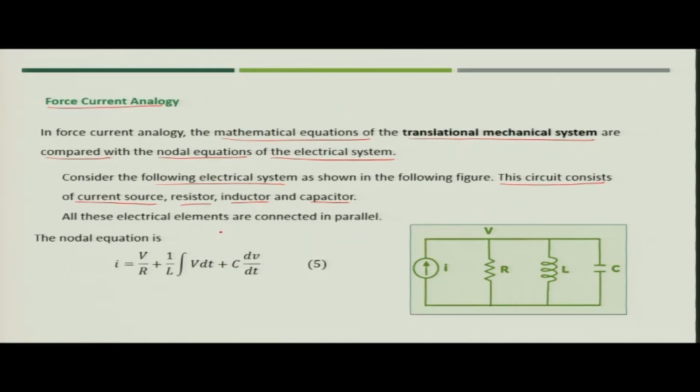In this case, the nodal equation can be written as the current I equal to V by R plus the current flowing through the inductor, that is 1 upon L integral V dt, plus the current flowing through the capacitor, that is C dV by dt.